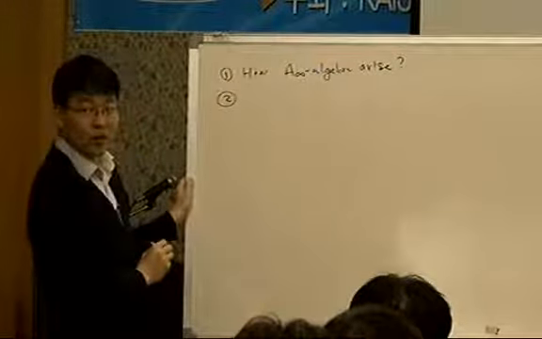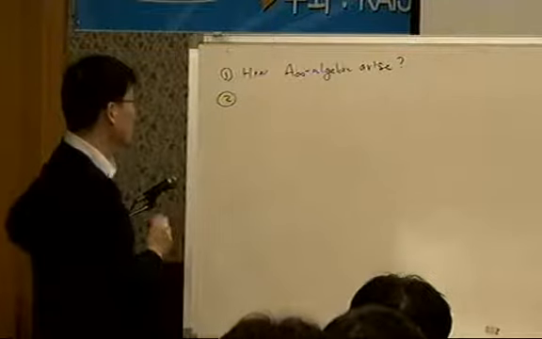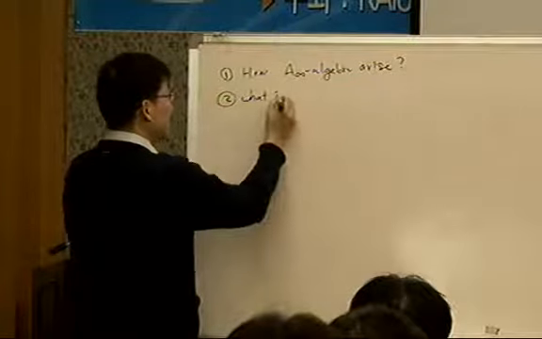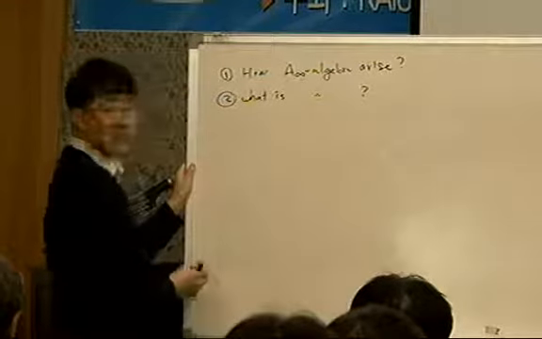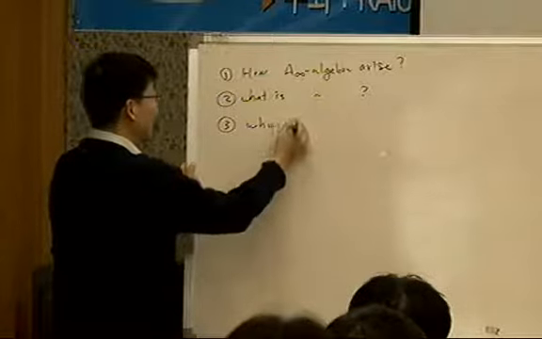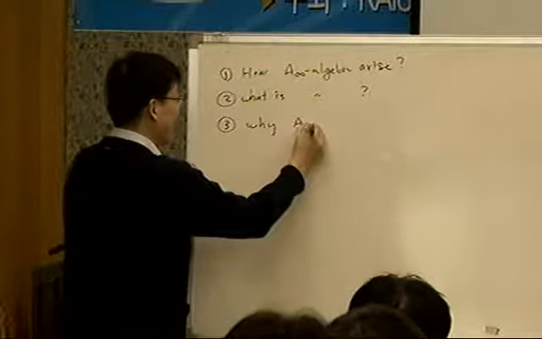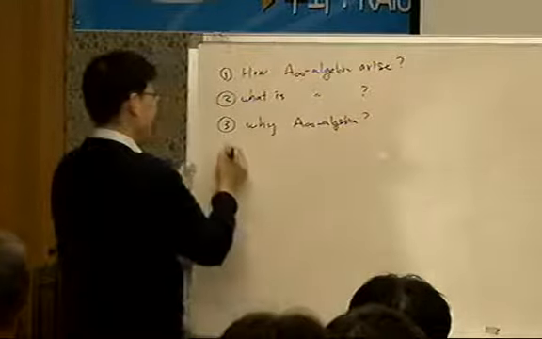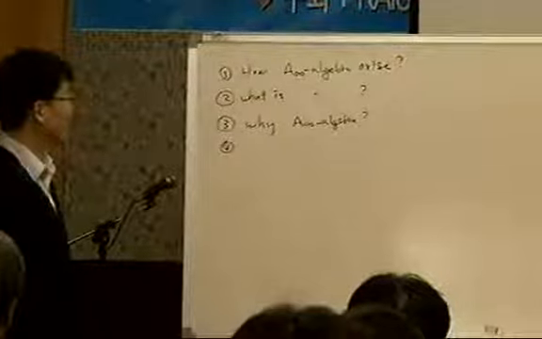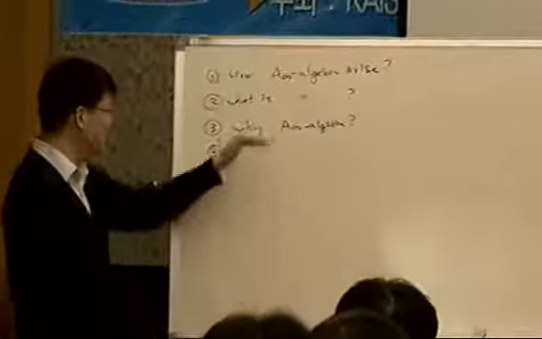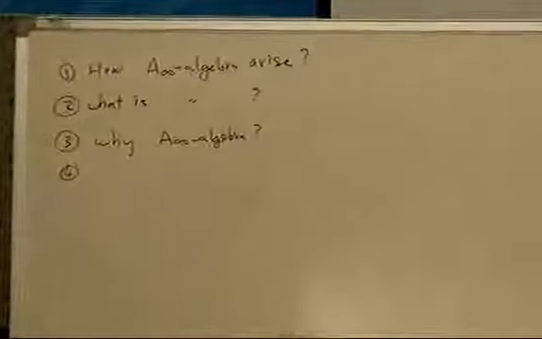First, how they appear naturally in some mathematical physics. And second, what this A-infinity algebra is. Third, why A-infinity algebra: why we think this is a very good notion.